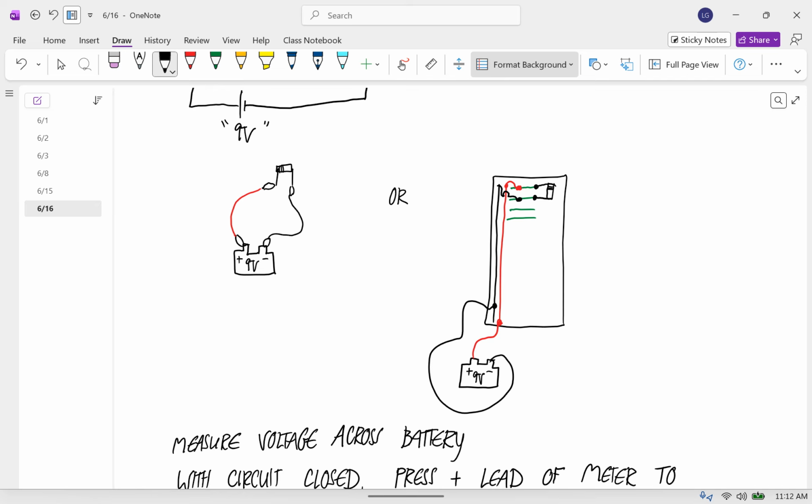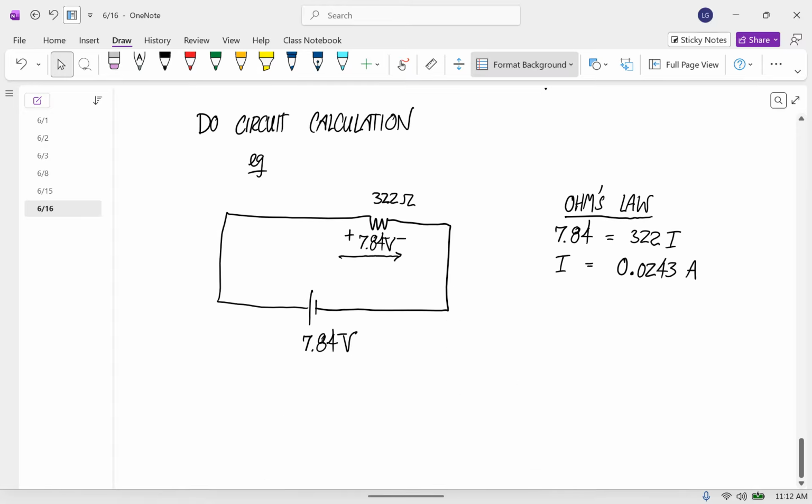Press one lead of the multimeter to one terminal of that resistor, and the other lead to the other terminal of that resistor. Okay, and then again, switch the multimeter over to 20 volts and see if you're measuring a voltage of what you predict.